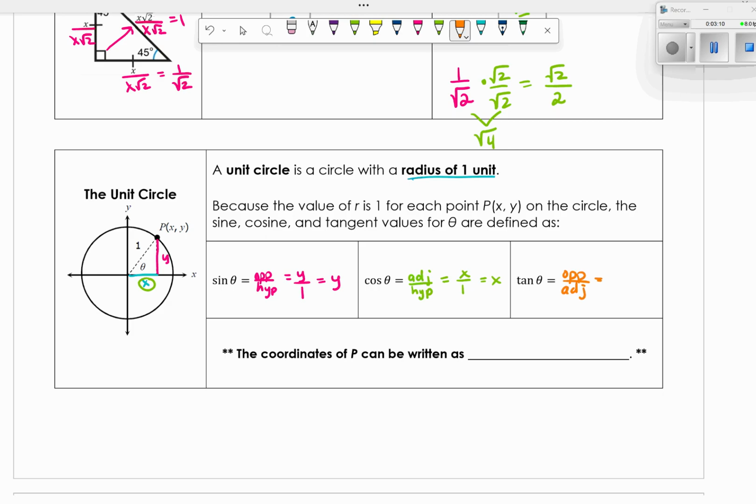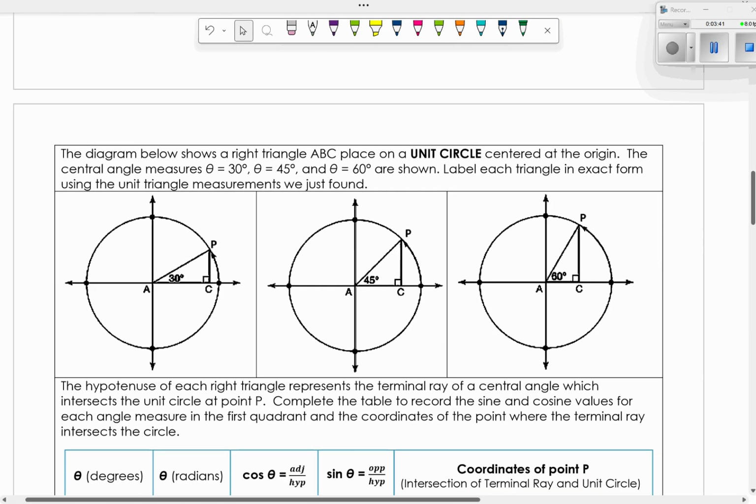The opposite we said was y, the adjacent we said was x, so y over x, which you could also say as the sine of theta over cosine of theta. So then the coordinates of P can be written as, if this is x comma y, x is the cosine of theta, and y is the sine of theta, by what we just showed here.